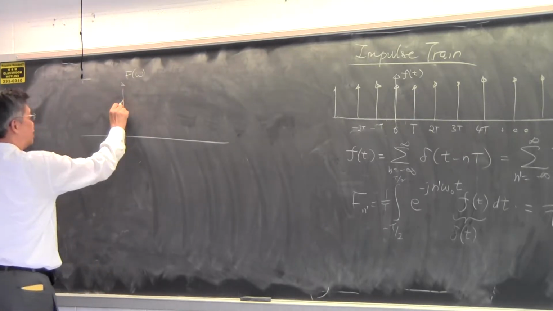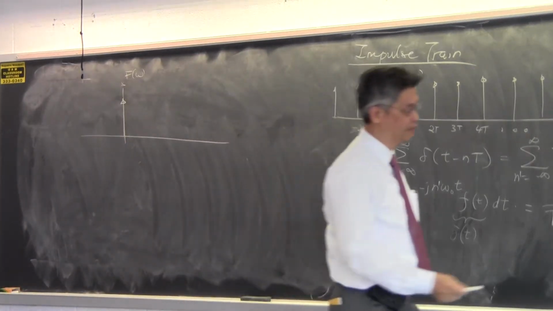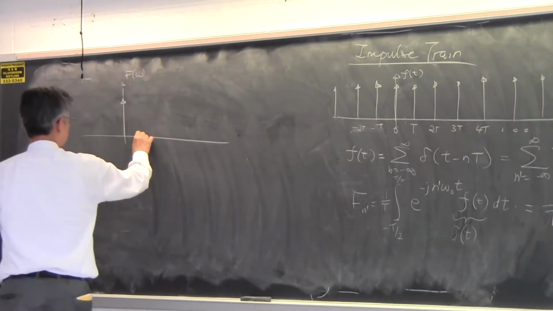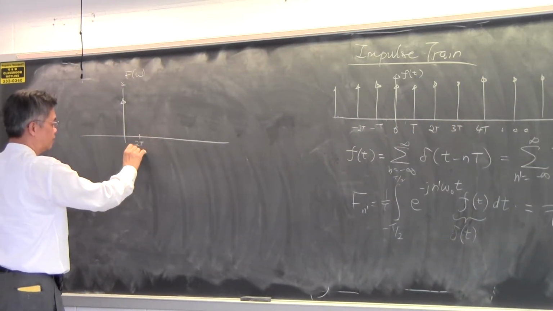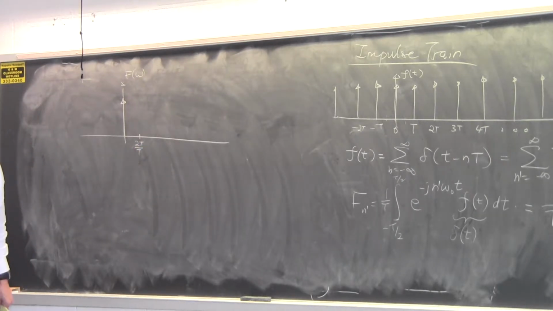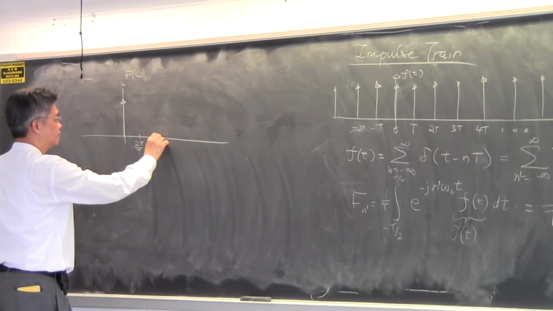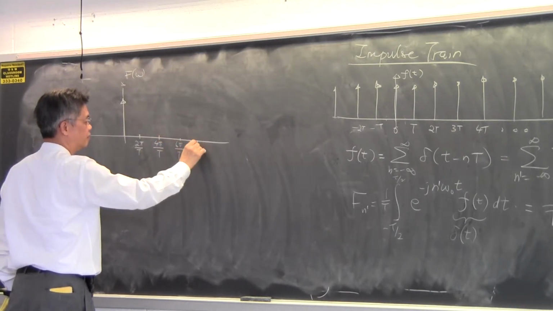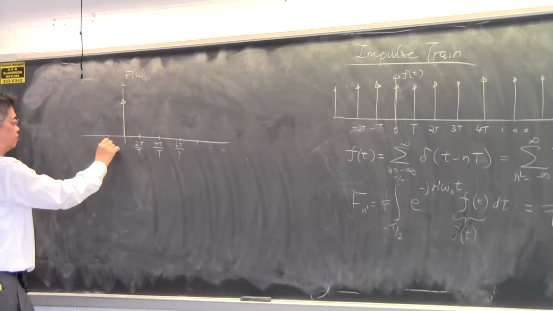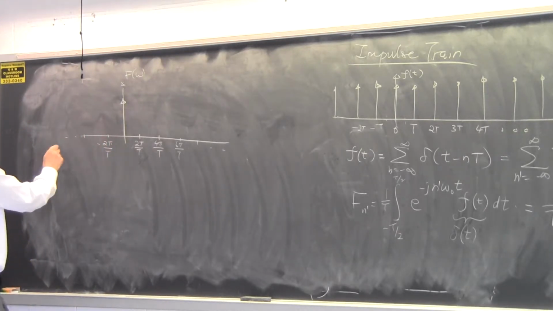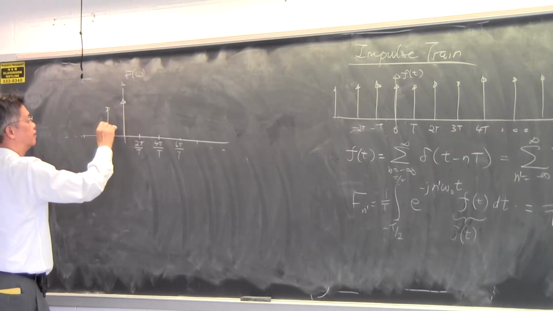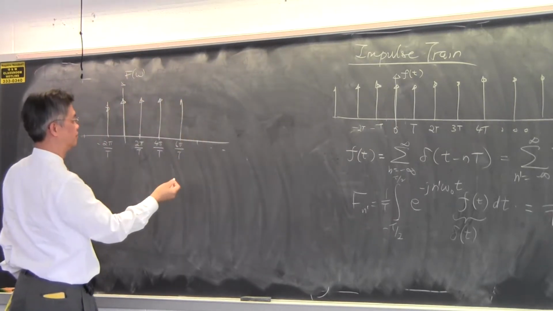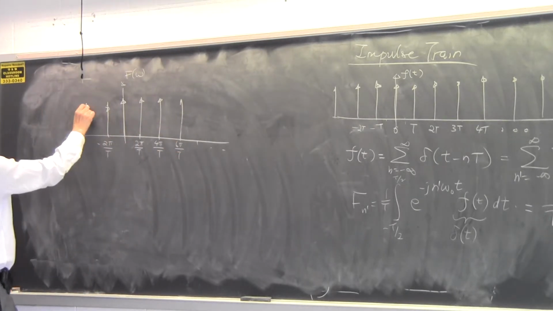The amplitude of those impulses is multiplied by 2 pi over T, but where are the locations? The first location is 2 pi over T, the next location is 4 pi over T, 6 pi over T, and so on, and then the other one is minus 2 pi over T. So there will be impulses here. They're all the same height.